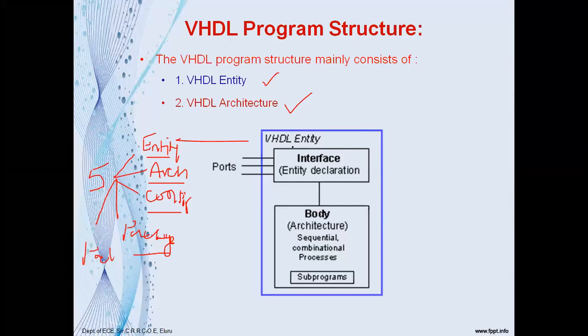Now, what exactly is the VHDL architecture? The VHDL architecture is used to describe the functionality, the behavior of the circuit. In VHDL, at the architecture body, the behavior of the digital circuit or digital system can be modeled at 3 different levels of abstraction.